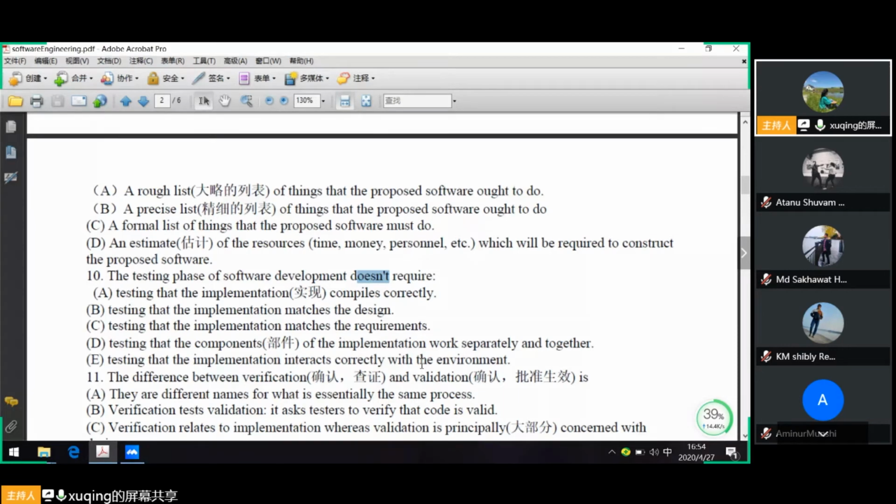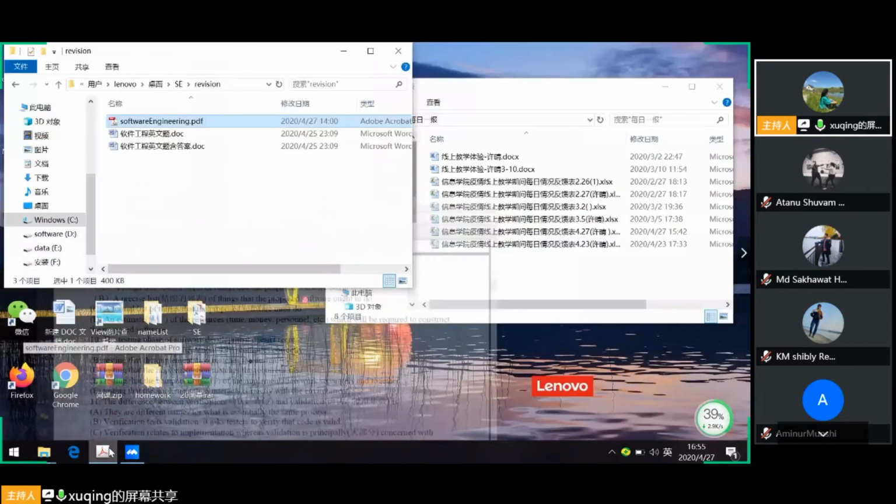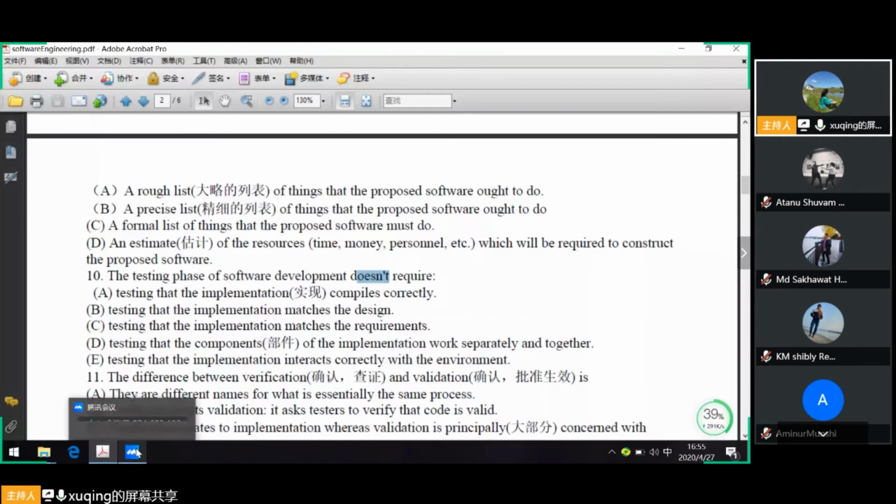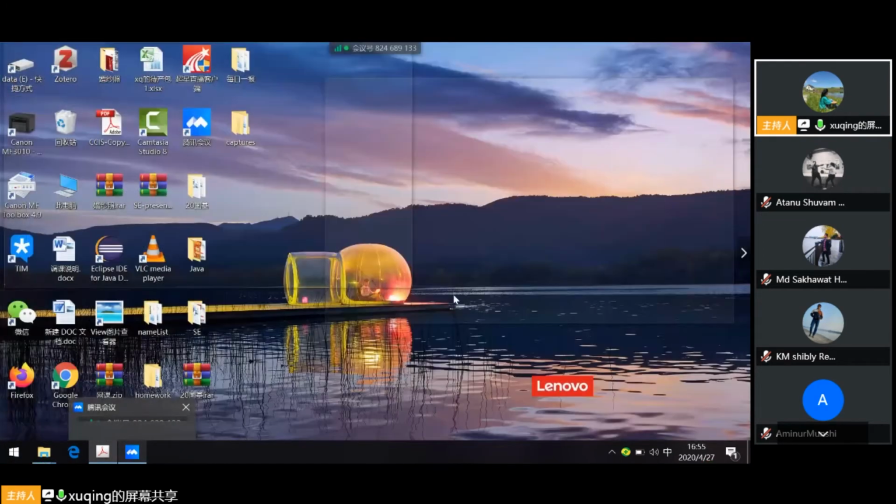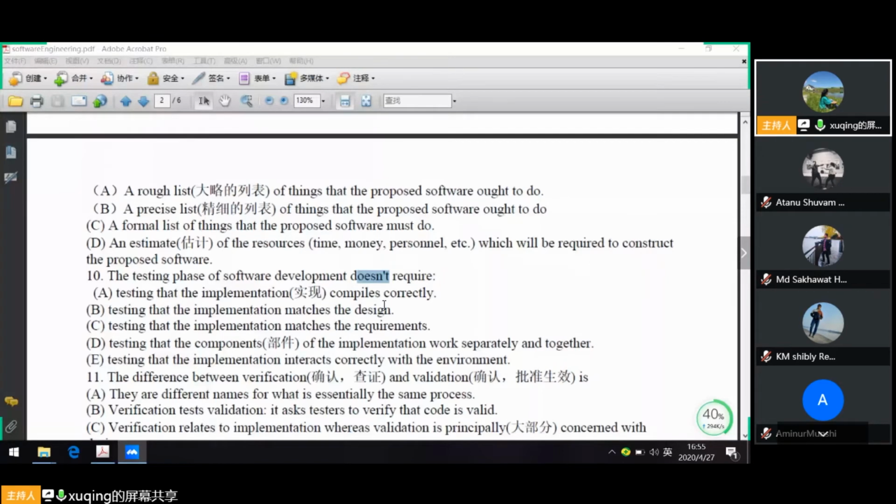Here, for A, surely we need to guarantee that the implementation compiles correctly, else we cannot use the system. The implementation matches the design, yeah. The implementation matches the requirements. It's the same thing.